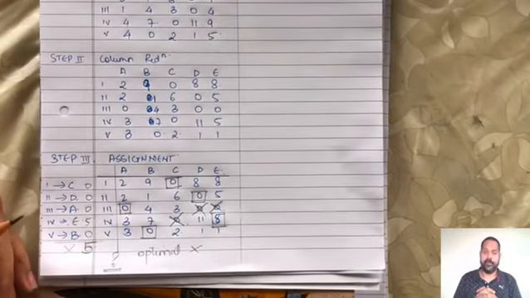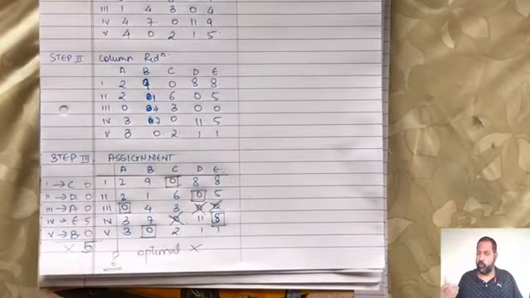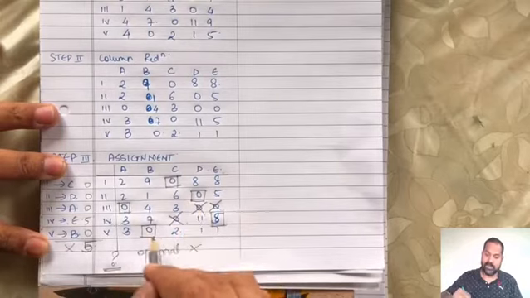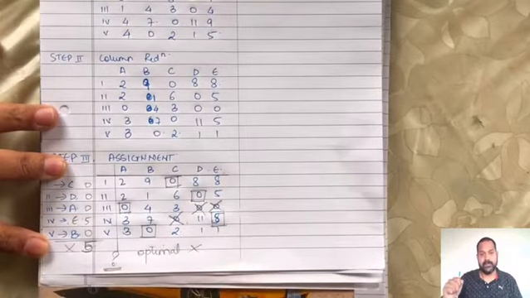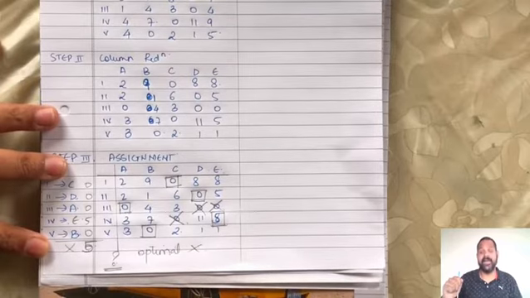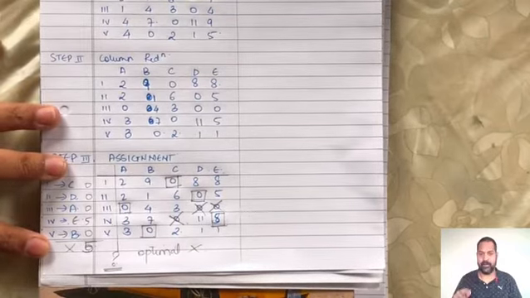I'm going to repeat. The problem was minimization, so no need for a change of objective. Step 1, row reduction. Step 2, column reduction. Step 3, assignment. When I assigned, I realized that I had 5 rows and 5 columns, but I only got 4 assignments. Then I haven't reached an optimal assignment, or the best assignment.